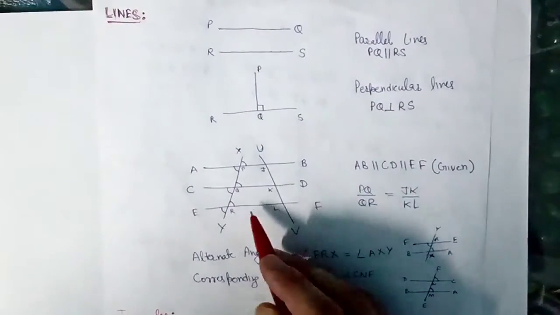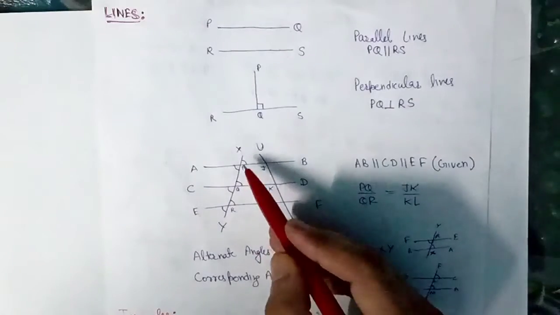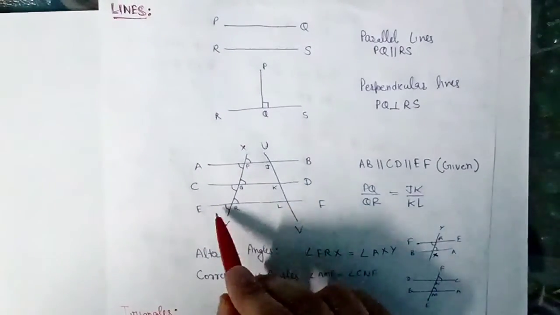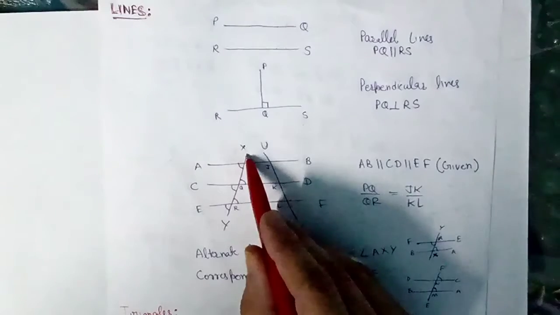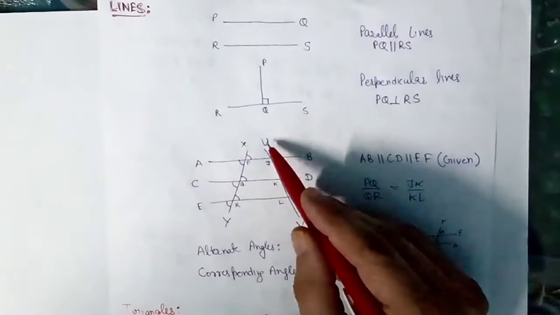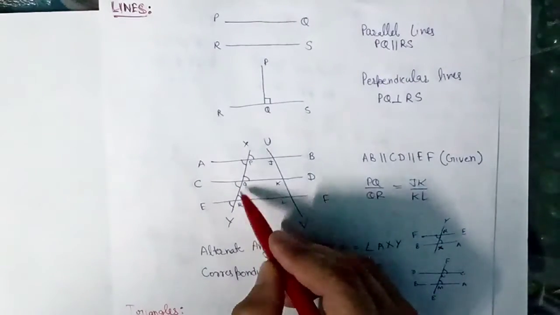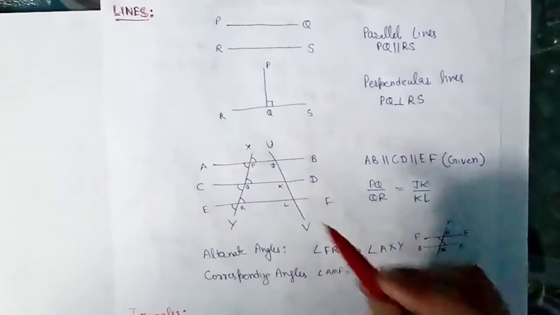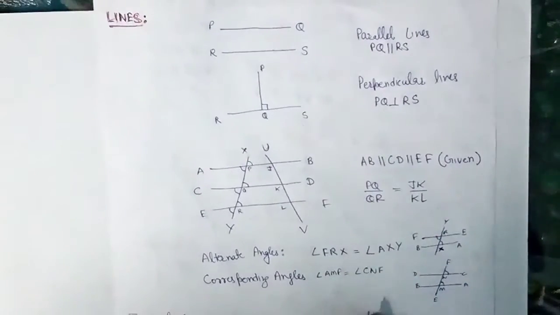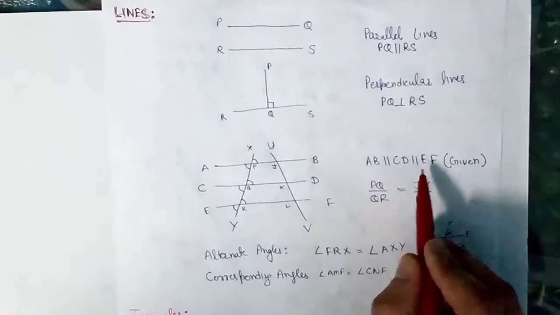We have a general rule that the lines intersecting these parallel lines will be in the same ratio, that is, PQ by QR is equal to JK by KL. This is given that AB is parallel to CD is parallel to EF.